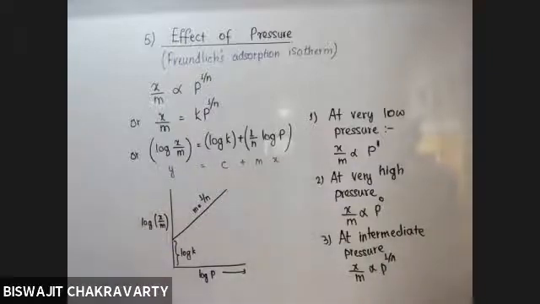This is also Freundlich's adsorption isotherm. Both of them are Freundlich's adsorption isotherm, with the difference that the previous one was non-logarithmic and was not giving us a straight line. But if you want to convert that to a straight line, we need to apply this.